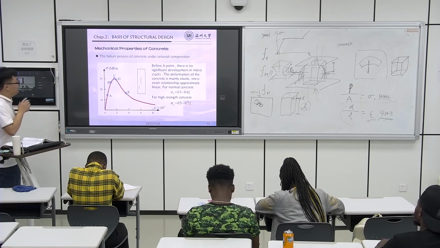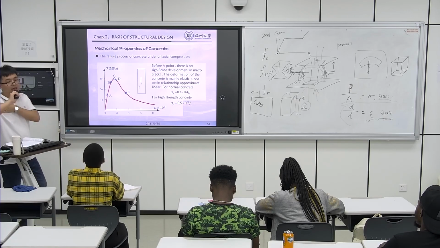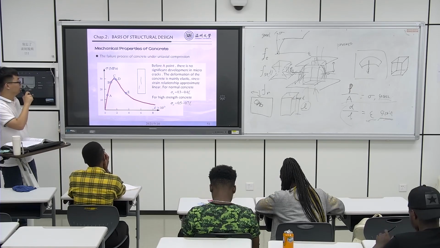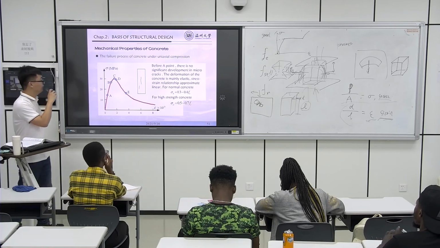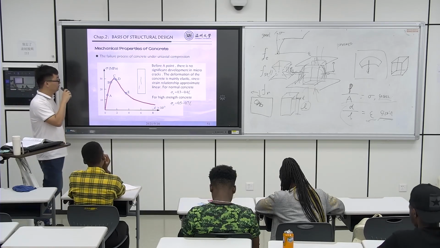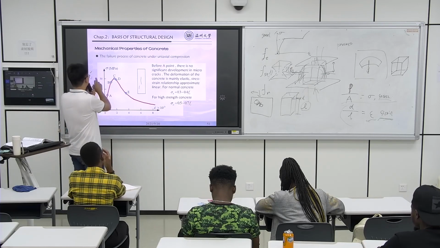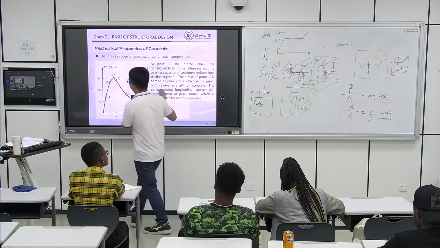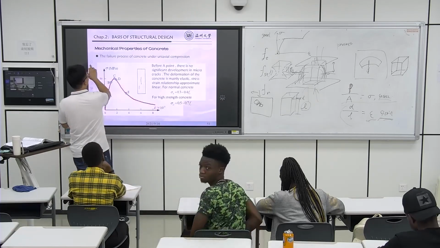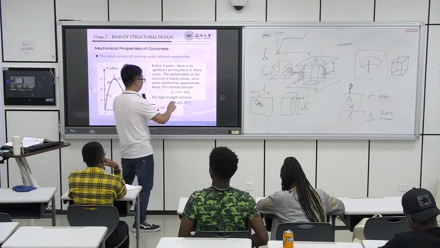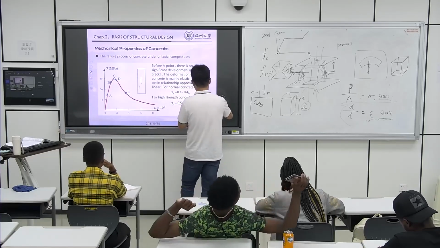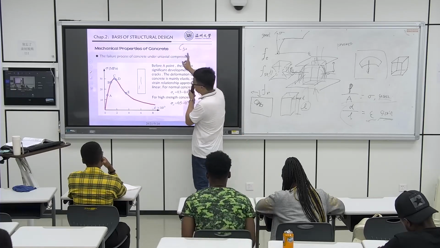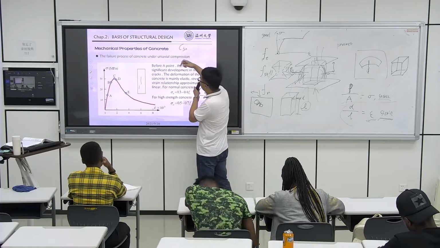So before, I talked about normal strength concrete and high strength concrete. They are divided at C50. Let's review C50.